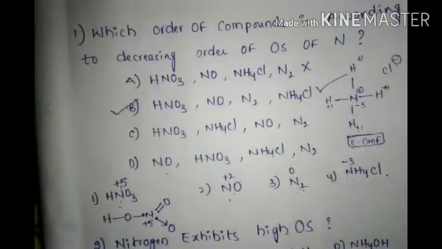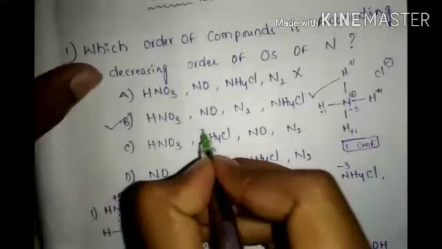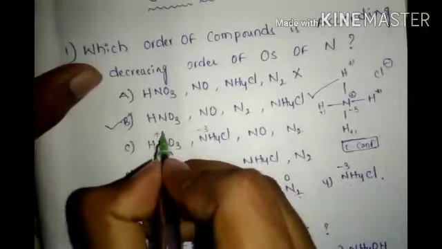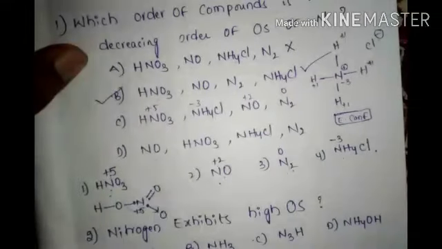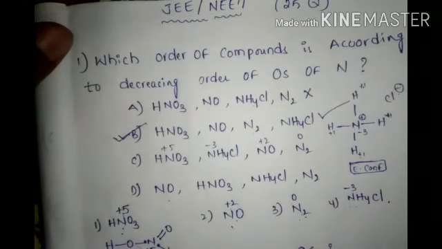So no need to bother about the remaining options. Here HNO3, NH4Cl is wrong. It is -3, +5, +2, 0, an irregular sequence. This is also the same irregular sequence. So option B is correct. Question number 1 completed.